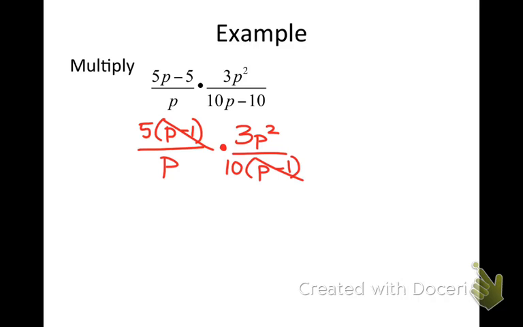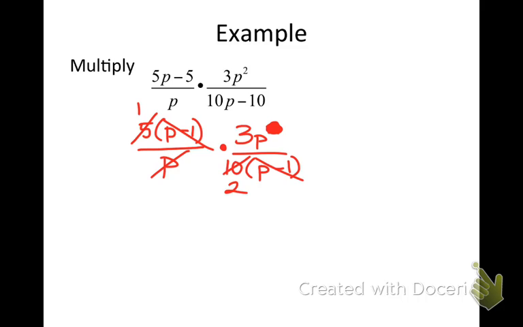The 5 is going to go to a what? 1, and the 10 will go to a 2. Good. 5 tenths is 1/2. What else? Yeah, so if I've got 2 p's in my numerator and 1 p in the denominator, they would cancel out and be left with just 1 p.